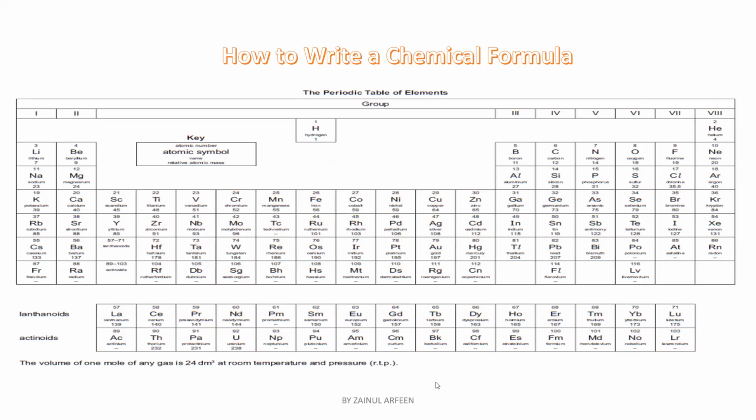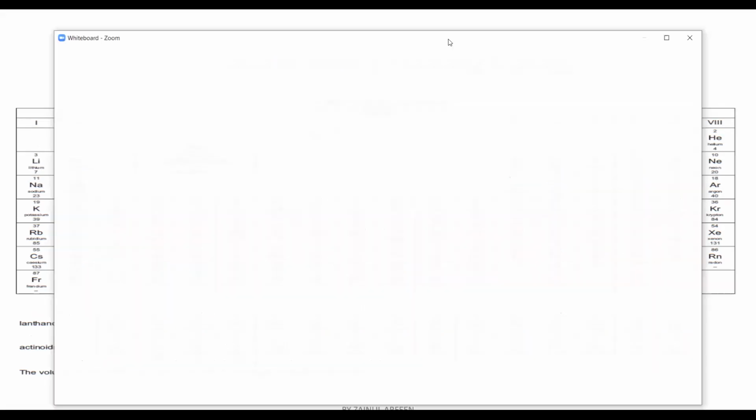You can even use a periodic table for that, but if I say a compound is CuCl2, what is the valency of Cu and what is the valency of Cl? It's just one step away.